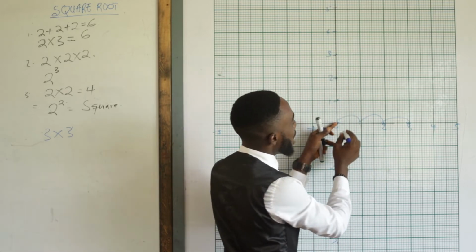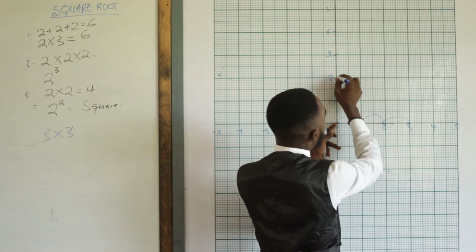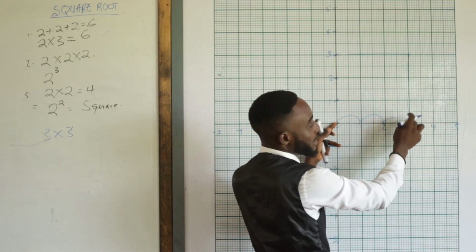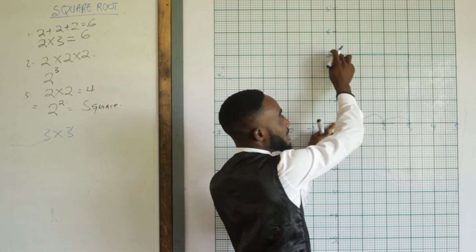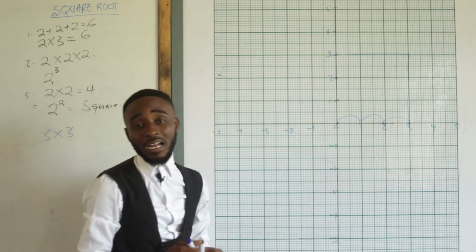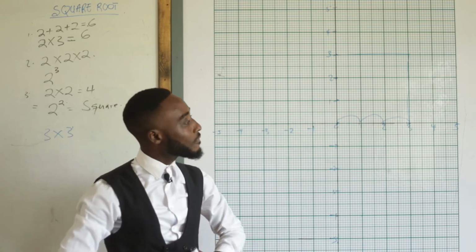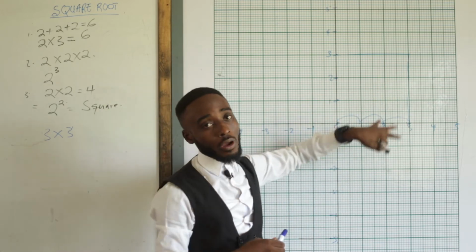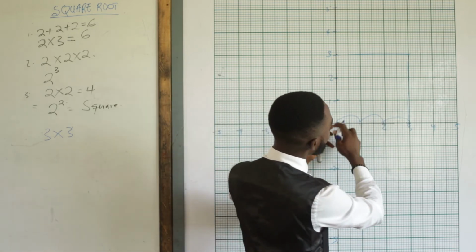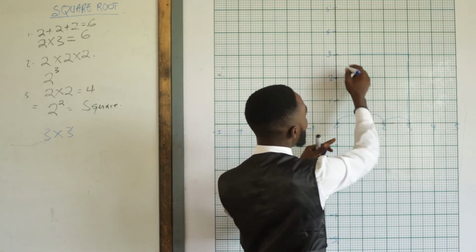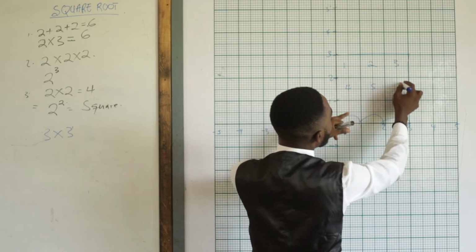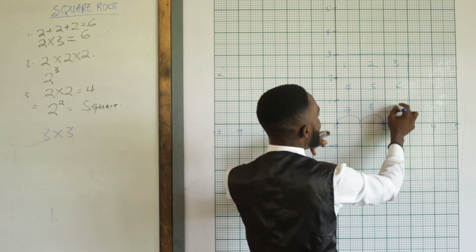So how many squares do we have here? We should measure whether the distance here is the same as the distance here, to satisfy the fact that squares, as a shape, have 4 equal sides. So how many squares do we have? We have 1, 2, 3, 4, 5, 6, 7, 8, 9.